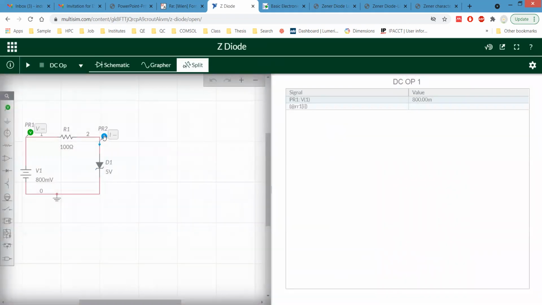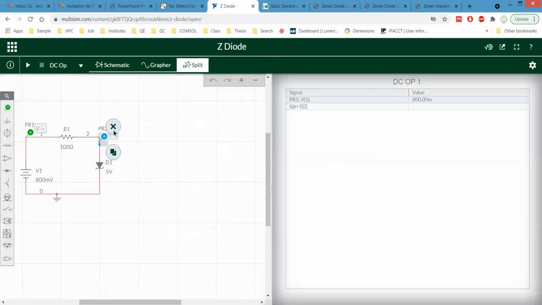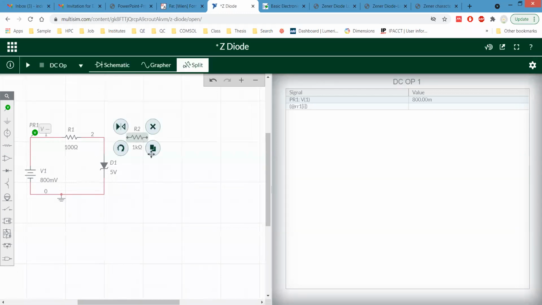We have to remove this one, add another resistor, and that should be in parallel. Our regular convention is that if it is in parallel, it should be in vertical position, but that is not the definition of parallel. Parallel means the same kind of terminals should be connected in the same place.